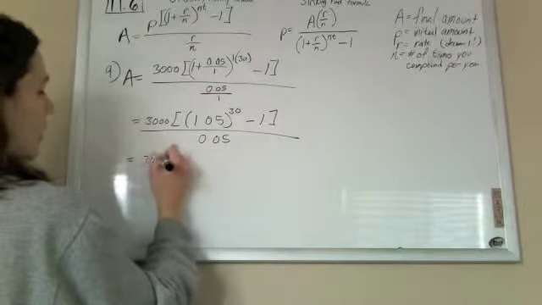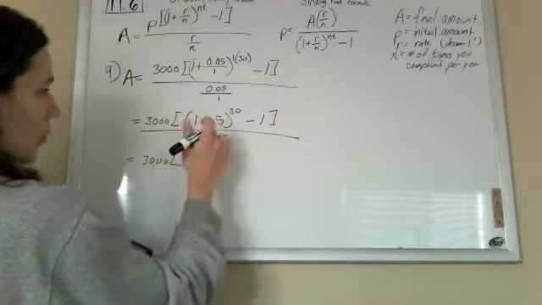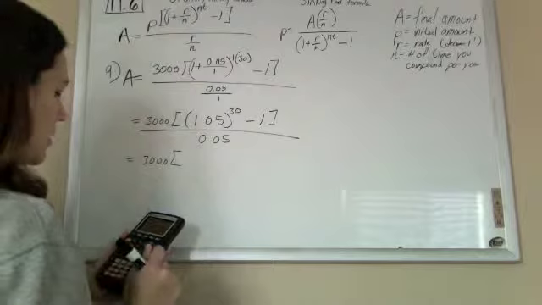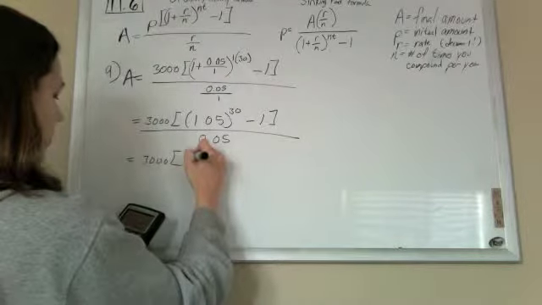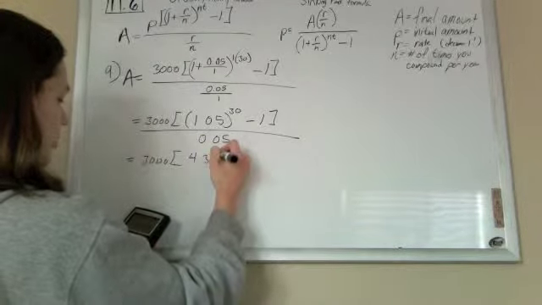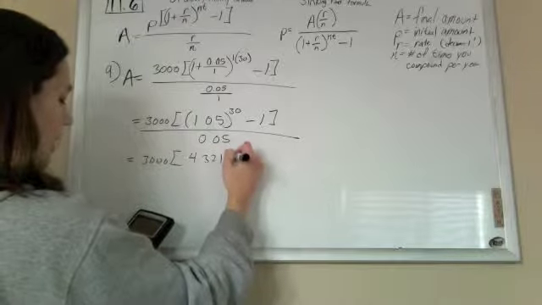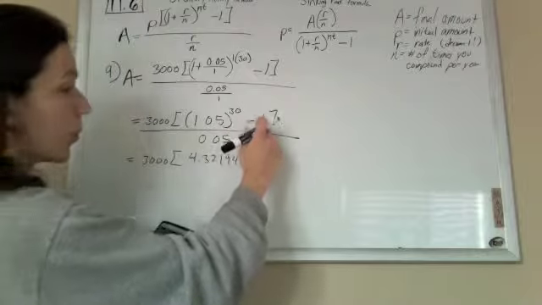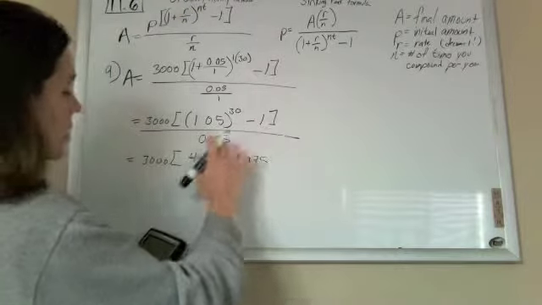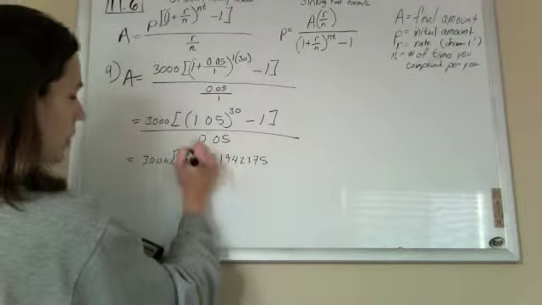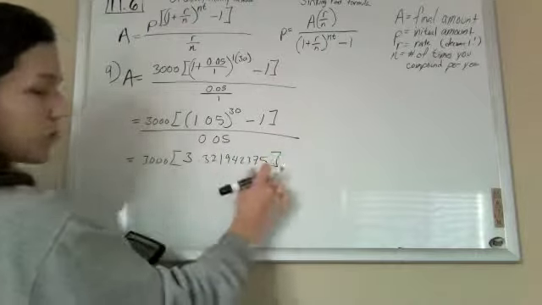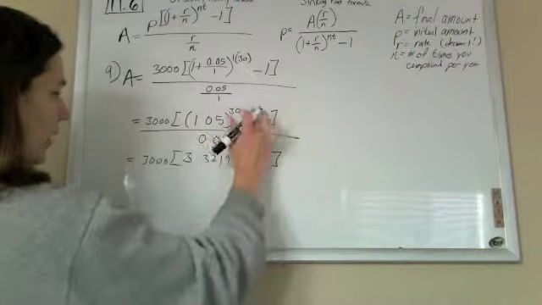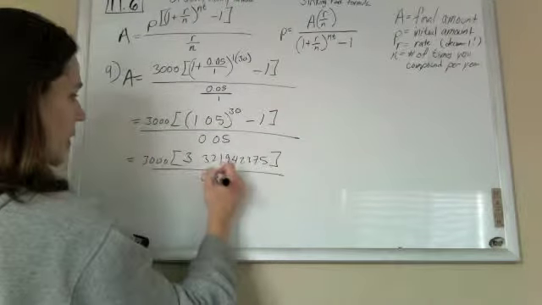And so now, 1.05 to the 30th is 4.321942375. But you're going to subtract 1 from that, so it's just going to be 3, big decimal. And so that takes care of that. We're still dividing by the 0.05.